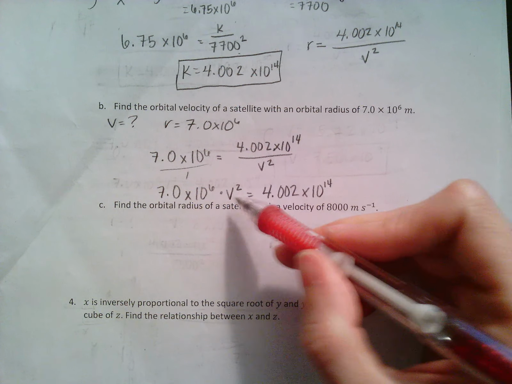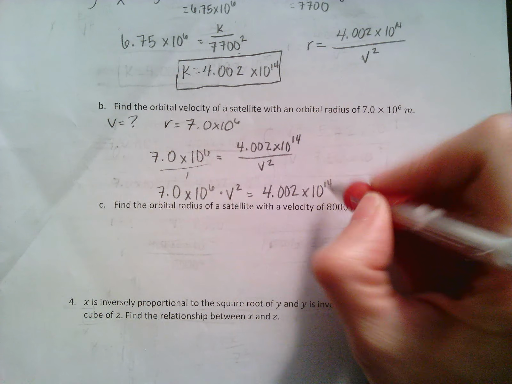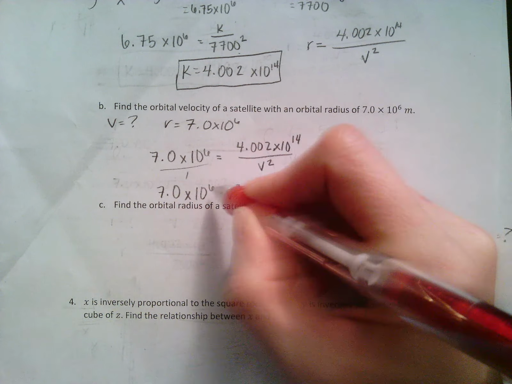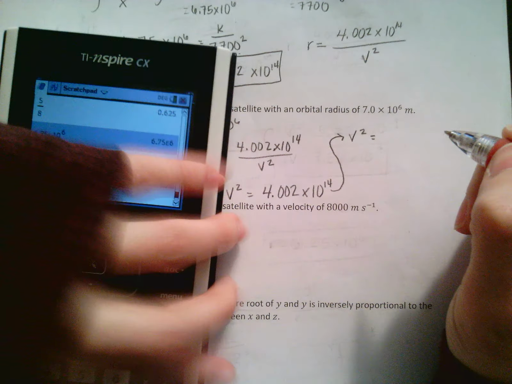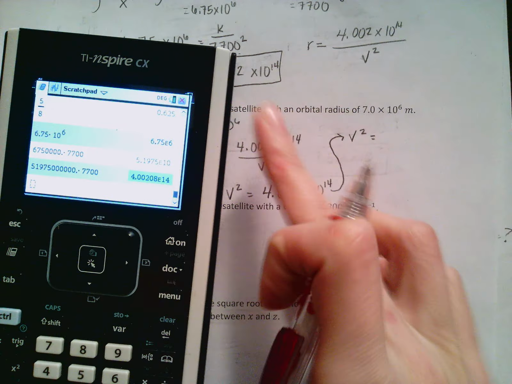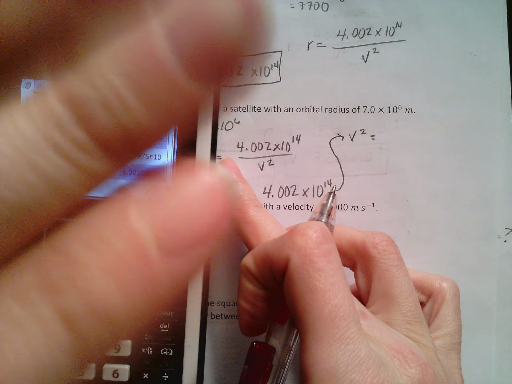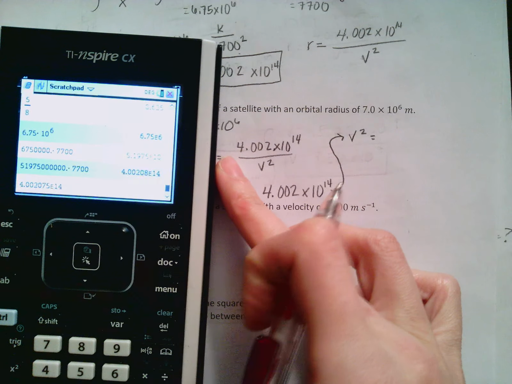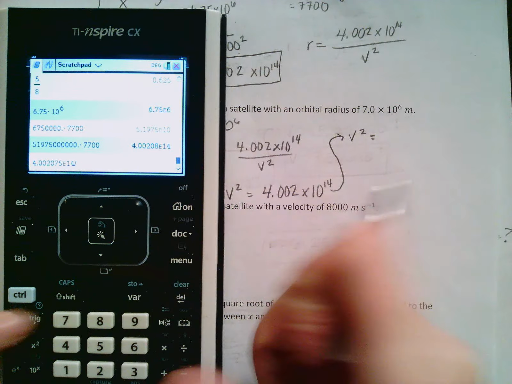In order to solve or get V by itself, I need to divide both sides by this guy. So I get V squared equals, and I take this exact value that was in my calculator before, and I divide it by 7.0 times 10 to the 6th power.